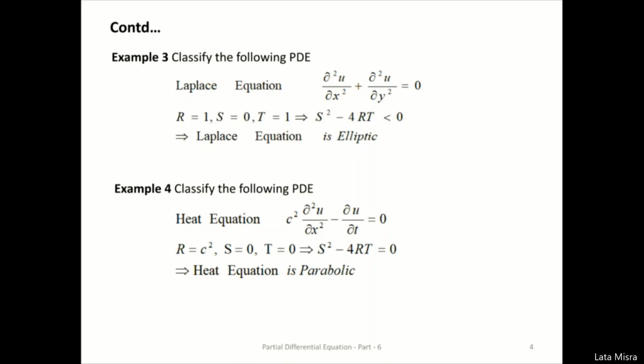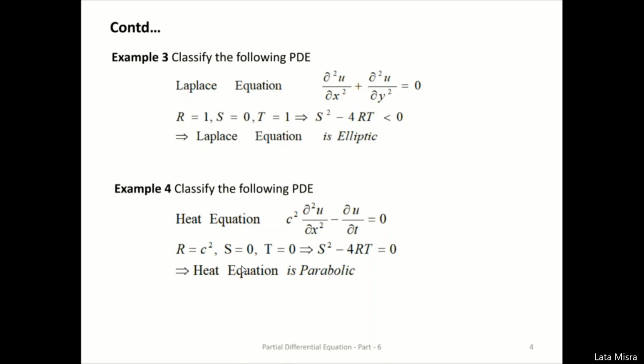Now the next is the heat equation. C square del 2 u upon del x square minus del u upon del t equal to 0. Again we take R equal to c square, and we see there is no uxy and no uyy term.